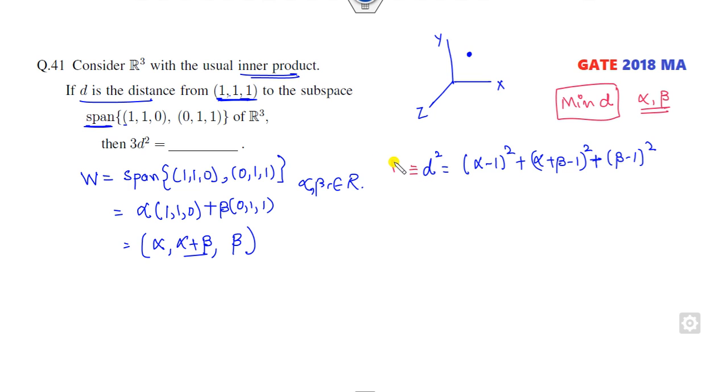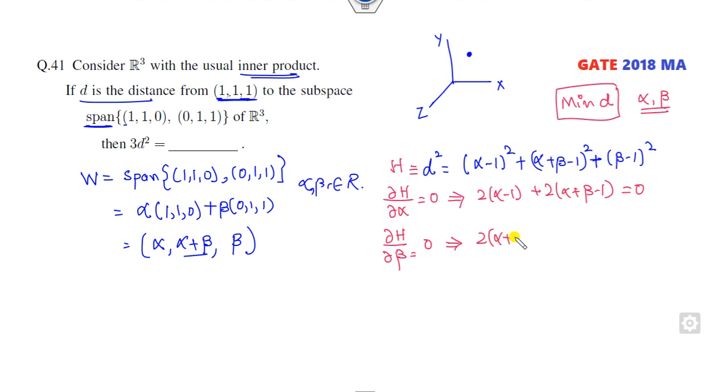I call this h. So you minimize by setting the partial derivatives to 0. That gives twice (alpha minus 1) plus twice (alpha plus beta minus 1) is 0, and twice (alpha plus beta minus 1) plus twice (beta minus 1) is 0.